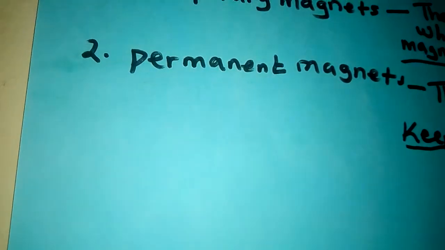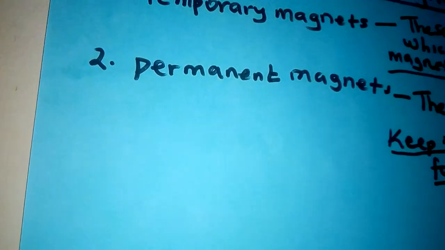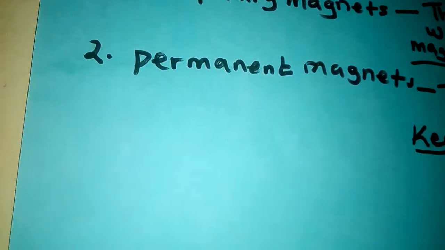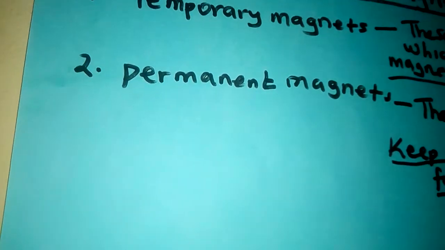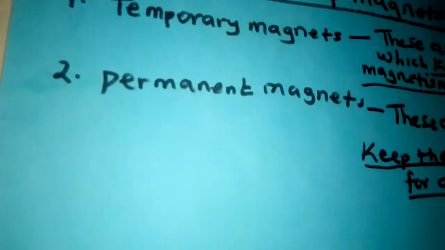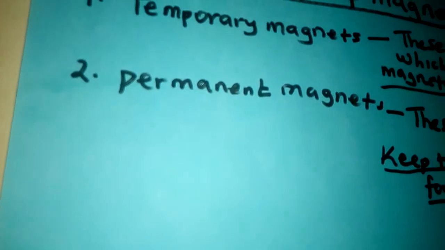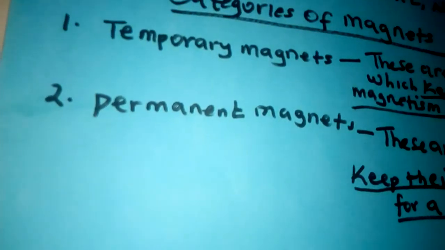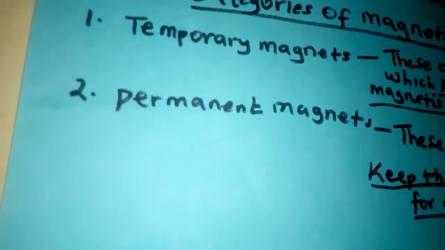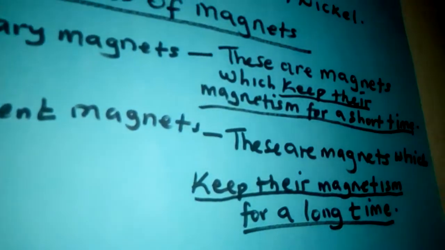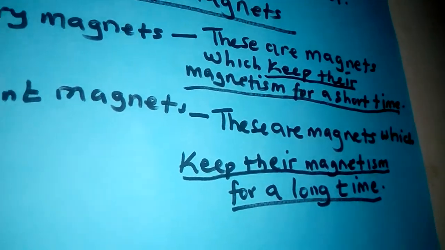Houses that last for a short time are temporary houses, and houses that stay for a long time are permanent houses. So we also have temporary magnets and permanent magnets, those which keep magnetism for a short time and those which keep magnetism for a long time.